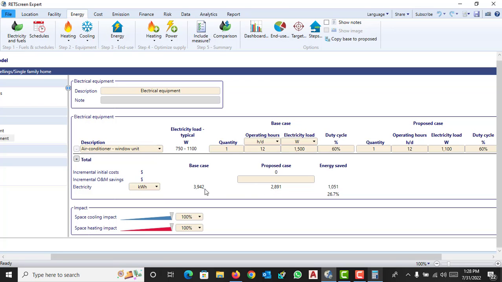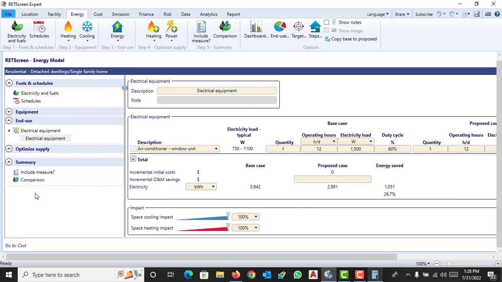So it's reduced from 3942 to 2891. It's the per annum units that you are going to consume.